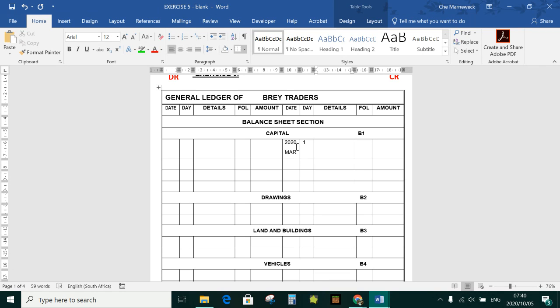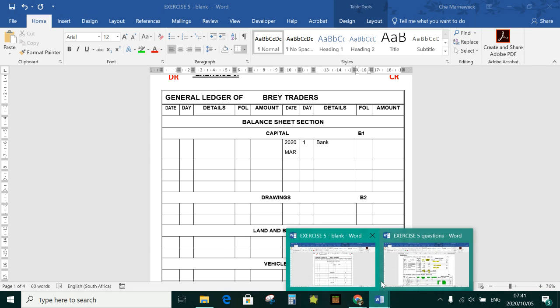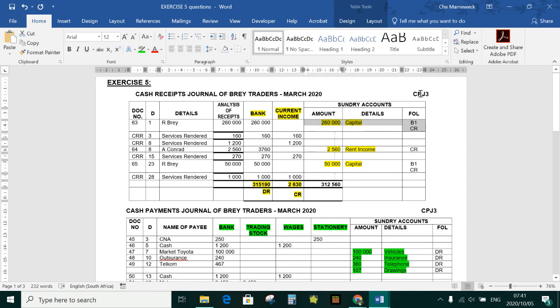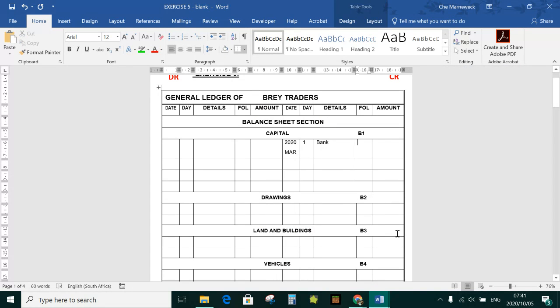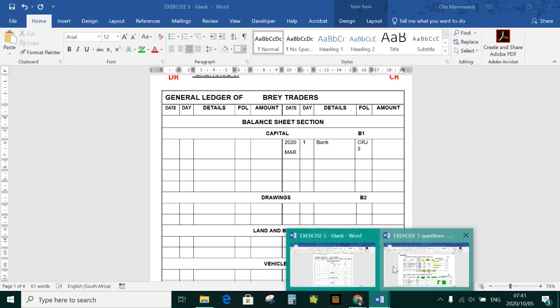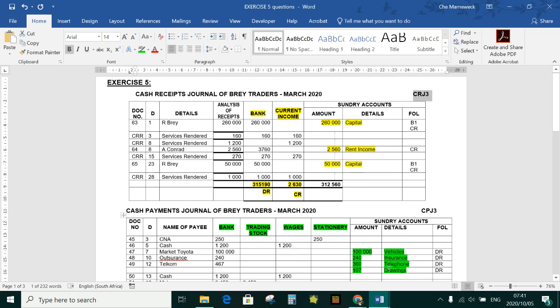What do we write under details? What is the partner account? Where did the money go when we received it? It went into bank. What is the journal code? So we have a look at our journal, and there we have our code, CRJ3. What is the value? How much money? We received 260,000.